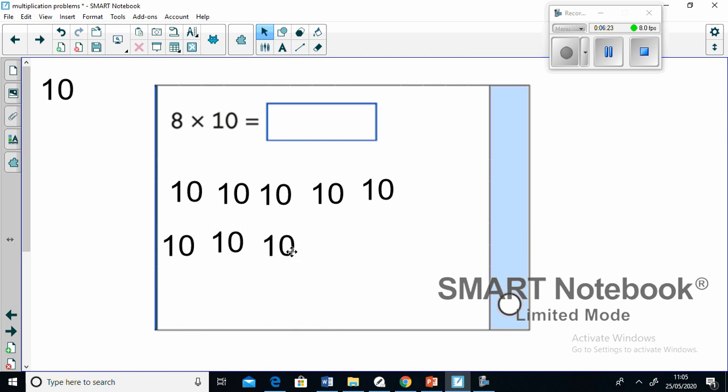And because I'm so skilled already at counting up in tens, I can just count those off as I go. 10, 20, 30, 40, 50, 60, 70, 80, which gives me a product of 80.